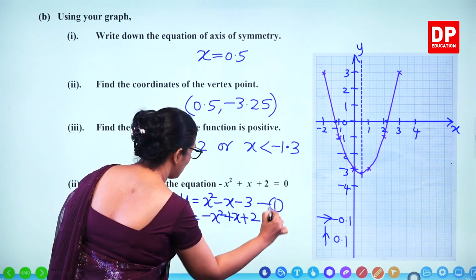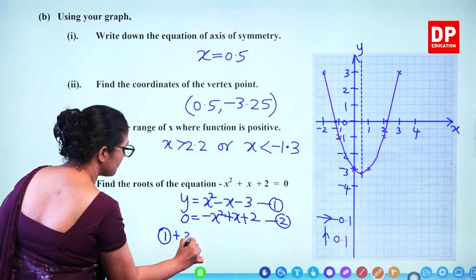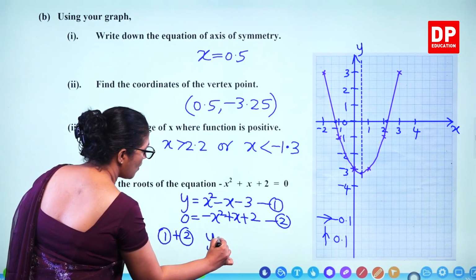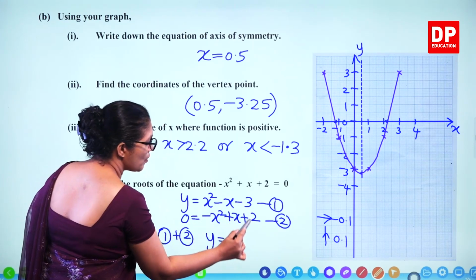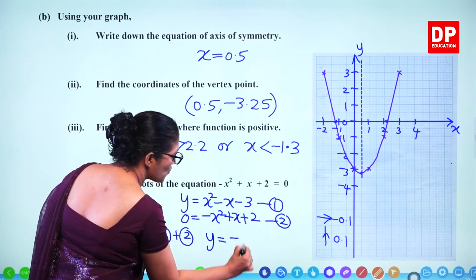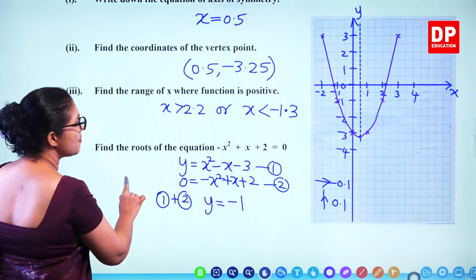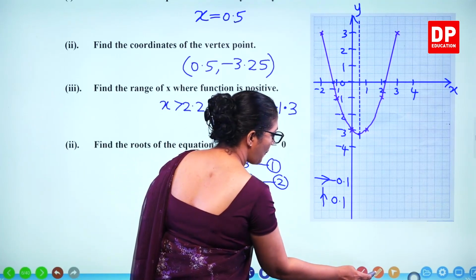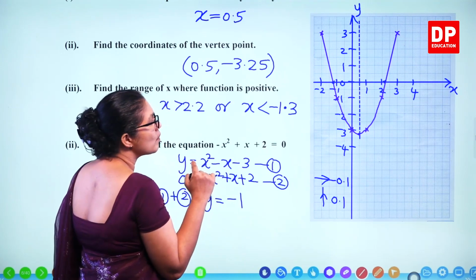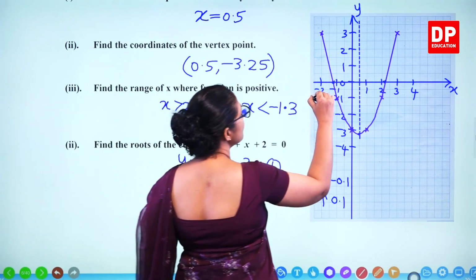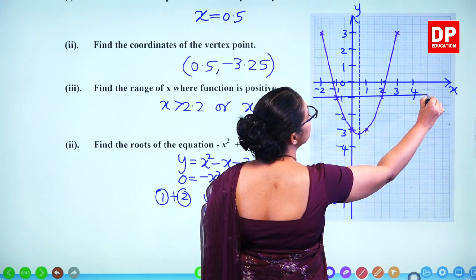So when you add the two equations, what happens? y equals x² gets cancelled out, x also gets cancelled out, -3 plus 2, that's -1. So that means we have to draw the y equals -1 line and find the intersecting points. So we have to draw the y equals -1 line here.